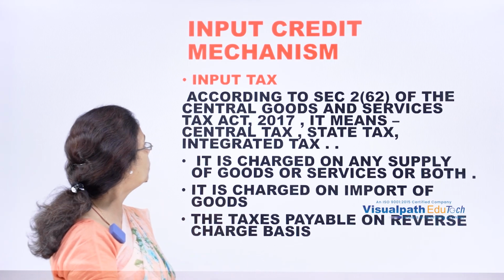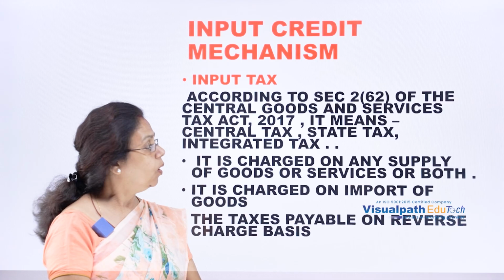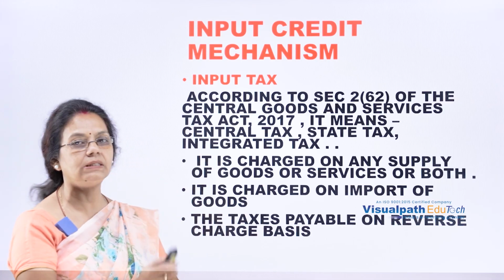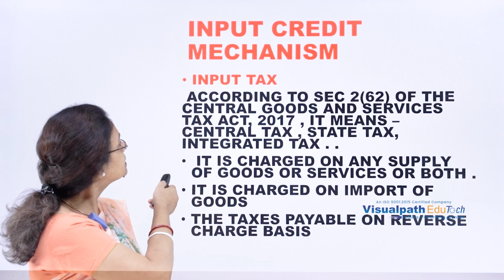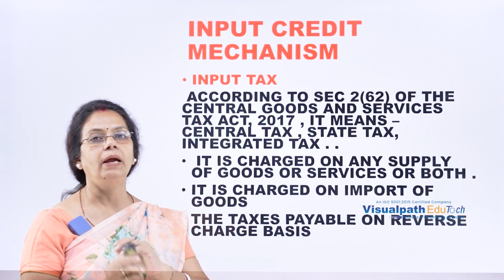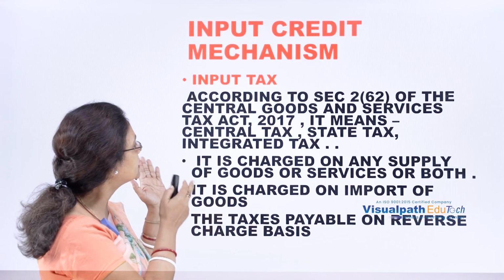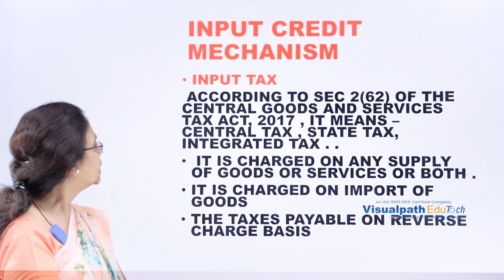So according to Section 2, subsection 62 of the Central Goods and Service Tax Act 2017, this input credit mechanism is described. What is input tax? It is there in this clause.